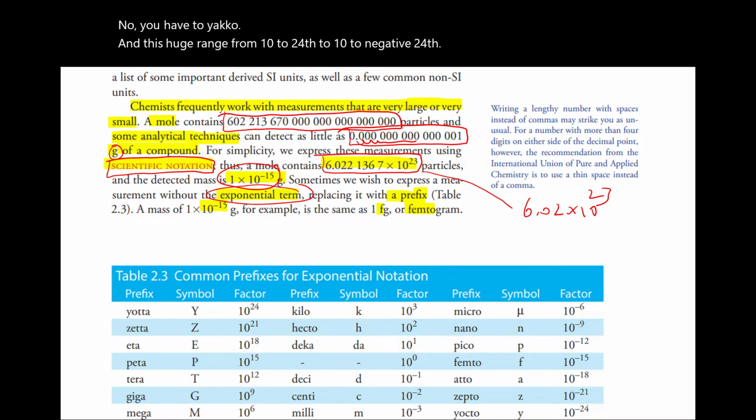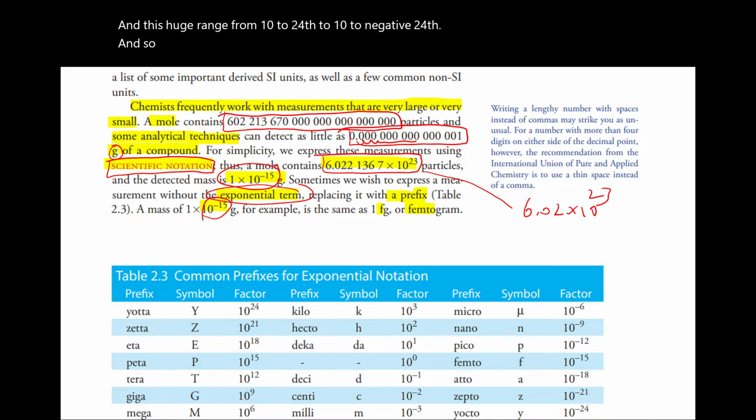So for 10 to negative 15 gram, that is the exponential term. We can substitute that with a small letter prefix, femto. So you see the whole thing.